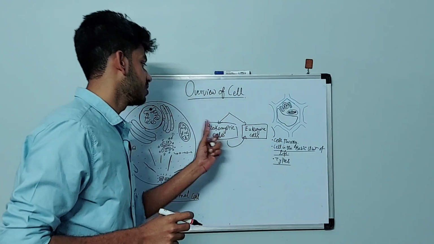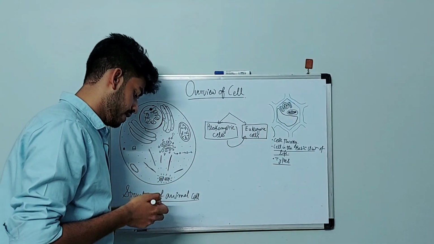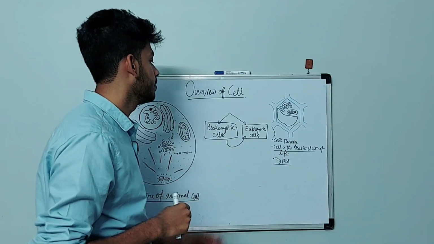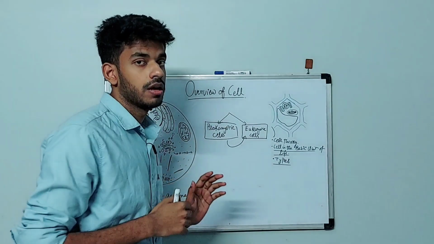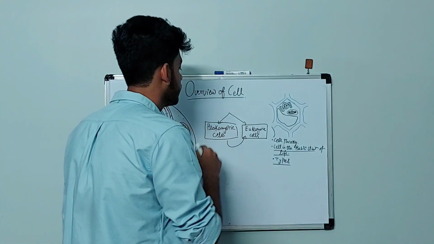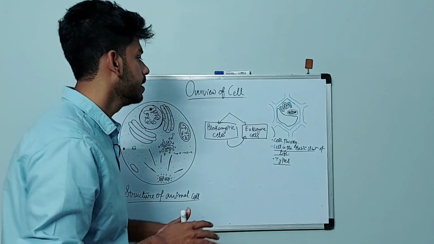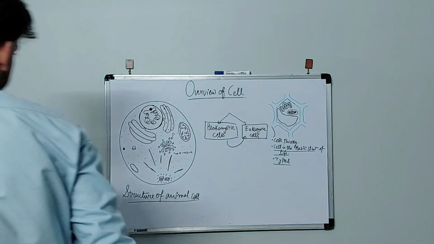So these are just old cells and new cells according to evolution. Basically there will be some distinct features between them. As they are old, they have some primitive characteristics. As they are new, they have some evolved characteristics, which we will deal with in the next part.